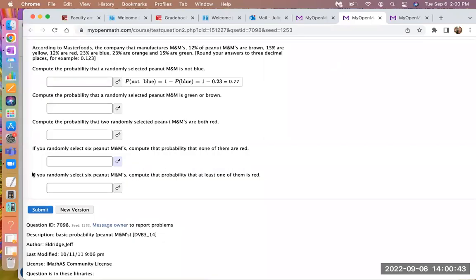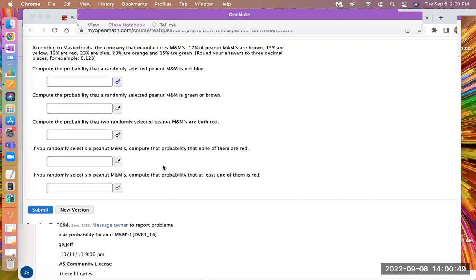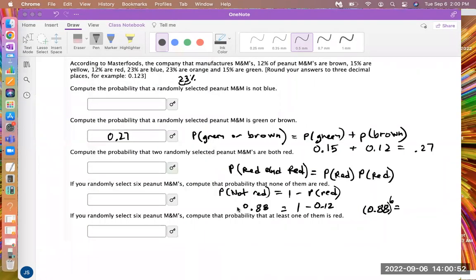Okay, and then the last one. If you randomly select 6 M&Ms, compute the probability that at least one of them is red. So either none of these 6 M&Ms are red, or at least one of them is red.